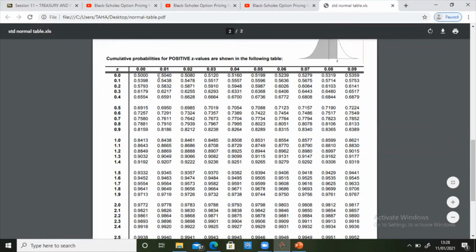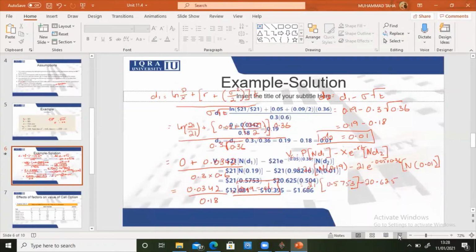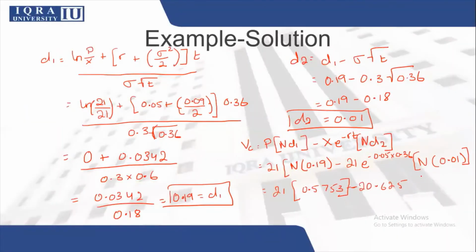So 0.504 is over here, 0.5040. So let's take this value, 0.504.